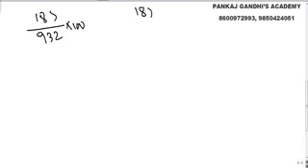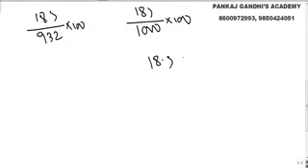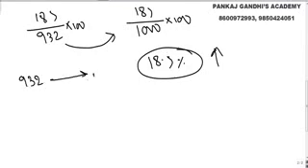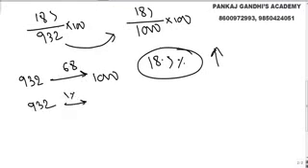Very close to 20. Now let's say someone did the question with a round figure of 1000. The answer comes 18.7. But if we increase the denominator, the answer should be increased. But by how much? We have increased the denominator from 932 to 1000 by 68. 932's 1% is 9.32, nearly 9.